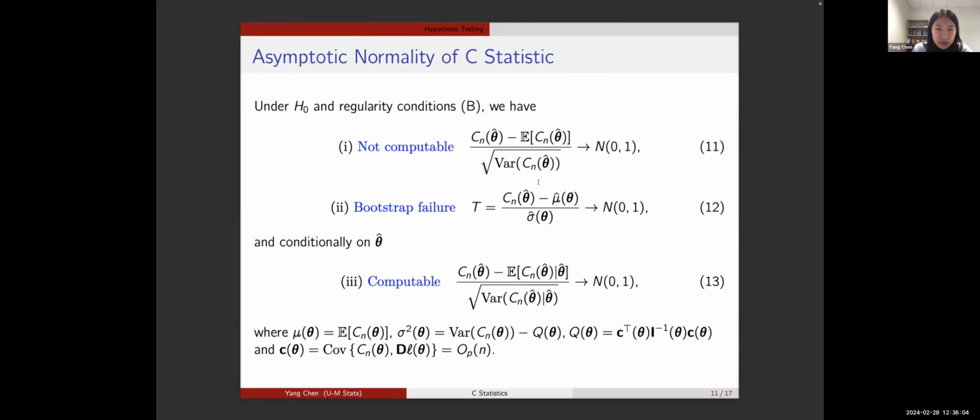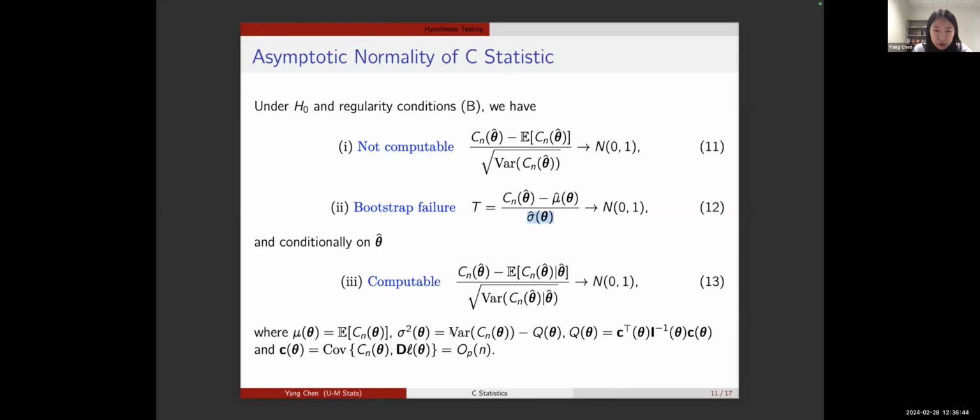So our major result is this. Under certain regularity conditions and under the null hypothesis, we do have asymptotic normality for the C mean statistics, but this is not computable, so it is only of theoretical interest. Then we have another result which shows there is still asymptotic normality of the C statistics, but with an adjusted mean and adjusted variance parameter. These two quantities are computable because they are based on plugged-in versions of theta hat.